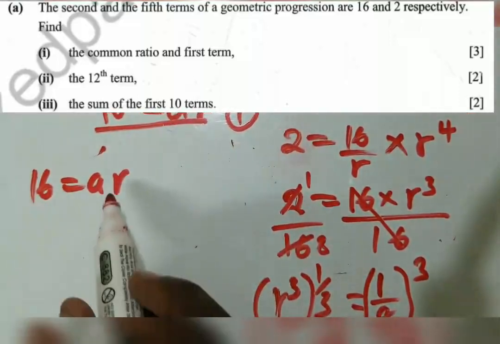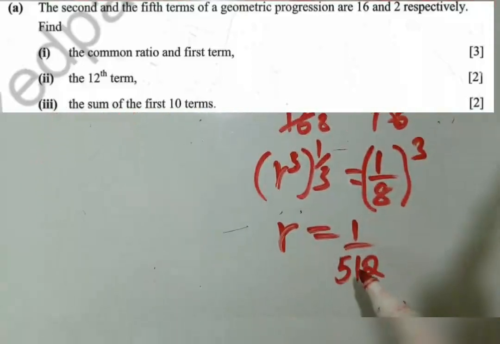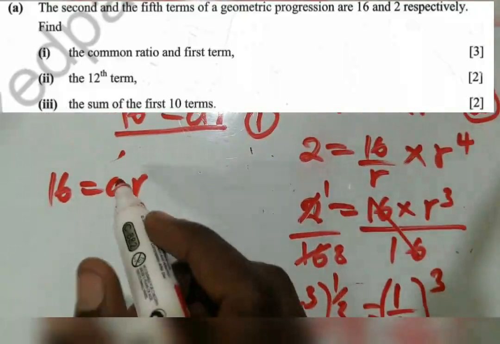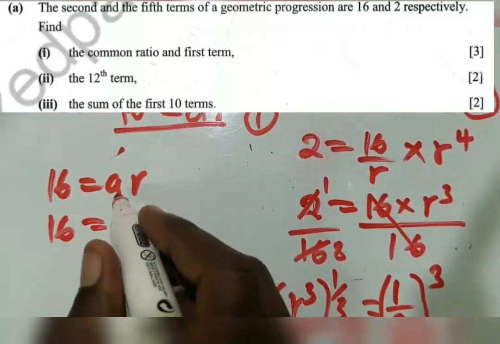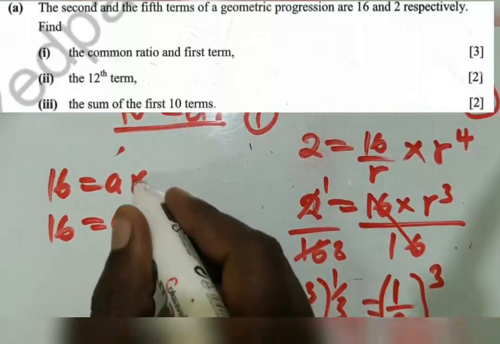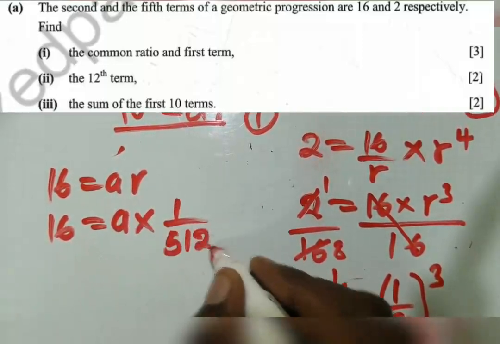So we know that R is 1 over 512. So we are going to substitute 1 over 512 here, so we have 16 is equal to A times 1 over 512.